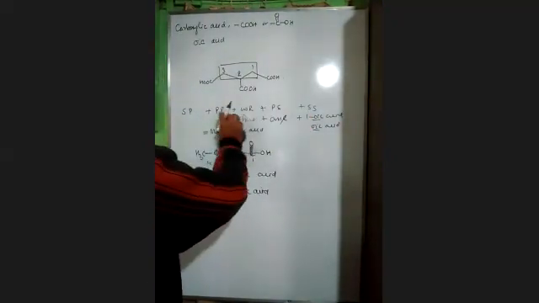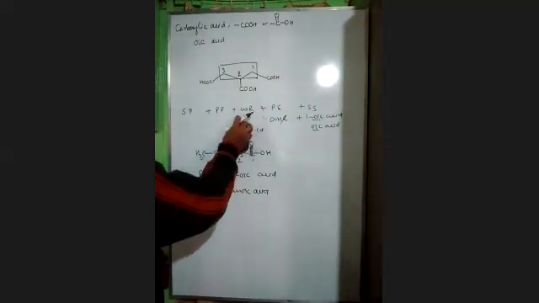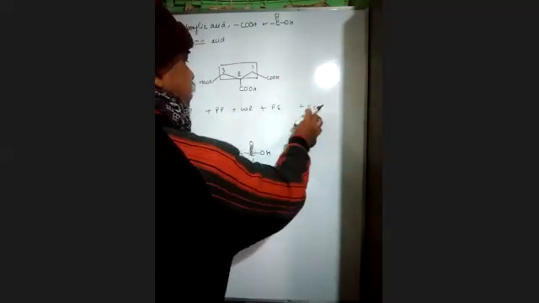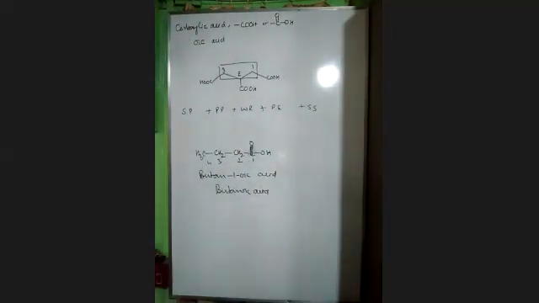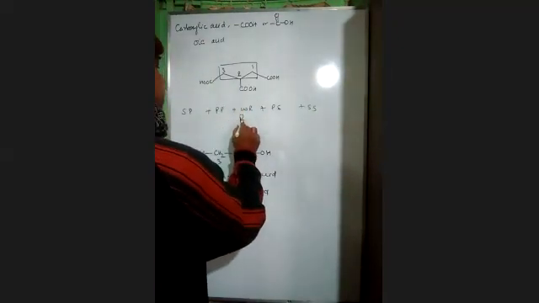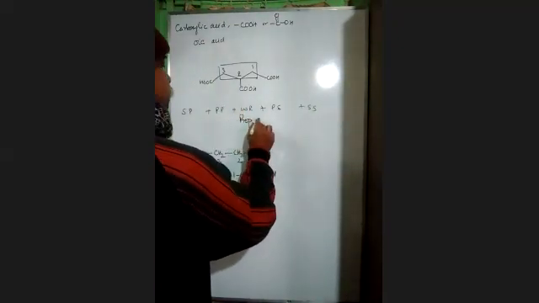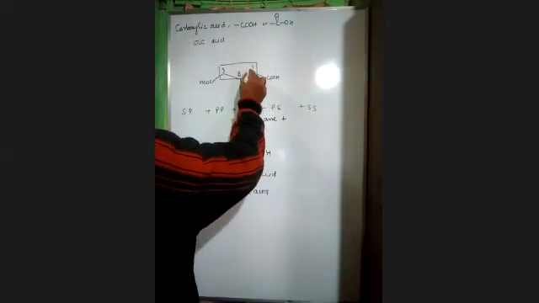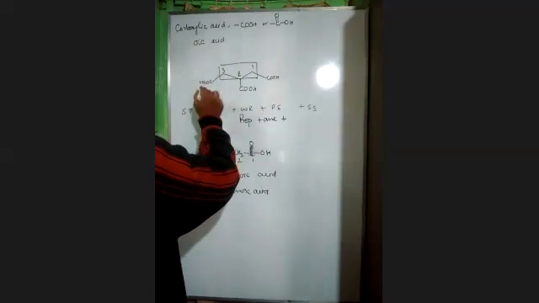So the name of the compound will be: whenever it is outside the main chain, we do not call it oic acid, we call it carboxylic acid. So here it will be propane, and the first, second and third carbon have a carboxylic group.